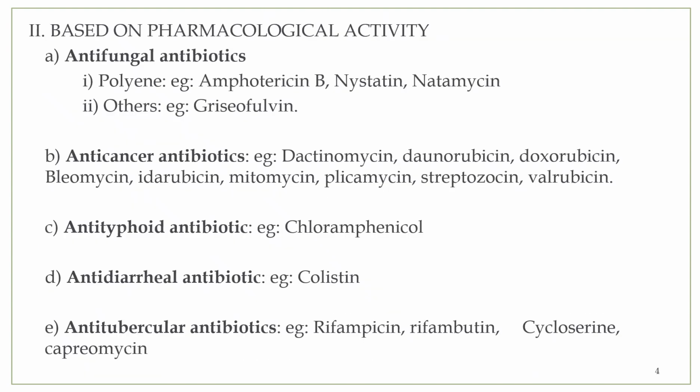Next one is classification based on pharmacological activity. First one is antifungal antibiotics. In that, polyenes, examples: amphotericin B, nystatin, natamycin. Others, example: griseofulvin. Second type, anti-cancer antibiotics. Examples: dactinomycin, daunorubicin, doxorubicin, bleomycin, idarubicin, mitomycin, plicamycin, streptozocin, valrubicin.